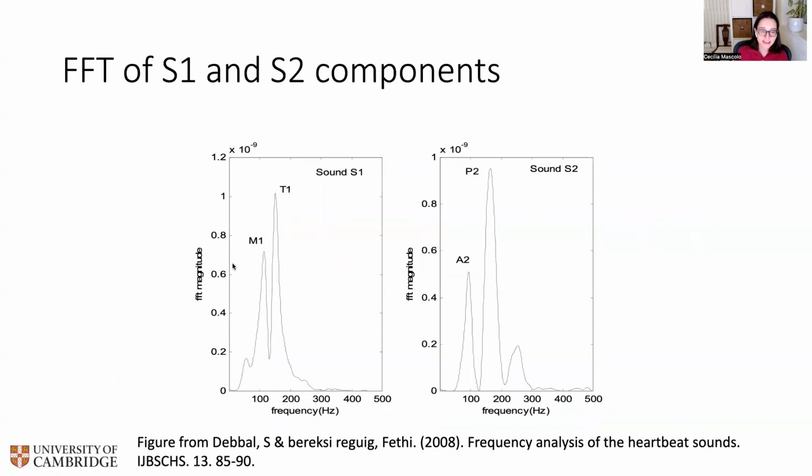For the first sound, S1, and the second, S2, lub dub, this is the frequency distribution of the first sound, and this is the frequency distribution of the second sound. So even these two can be detected and distinguished. There is a difference in frequency that can perhaps be used to detect the two.